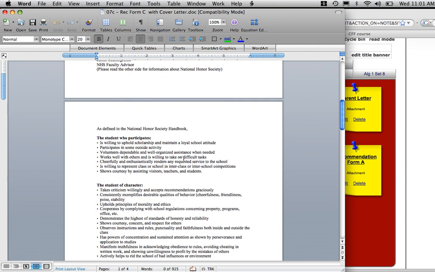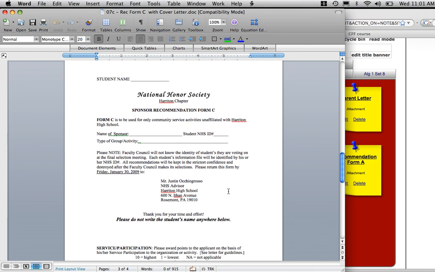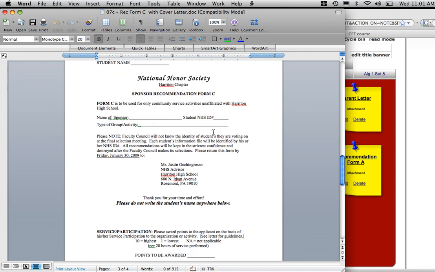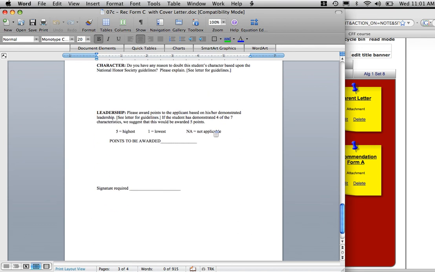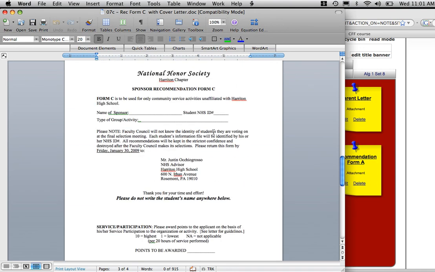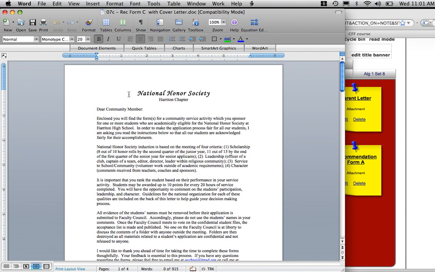So it gives them pretty similar information, and then right below it is the recommendation form C. Same form here. They fill out the name of the sponsor, leave the student ID blank, and then continue on through the rest of this, and they'll fill all this out and give them a stamped addressed envelope to mail this back to me, because again, these people are community members who are not members of Hareton. They won't just walk down the hall and stick it in my mailbox.